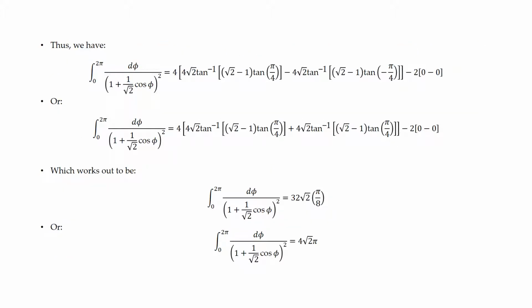On following through with the algebra, you will therefore see that the final numerical solution obtained is 4 times pi times the square root of 2, and this means that we have almost completed the proof.